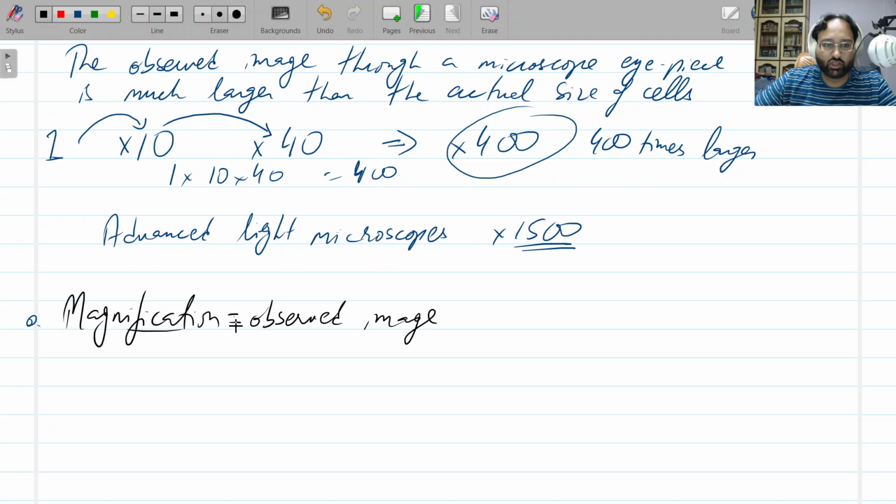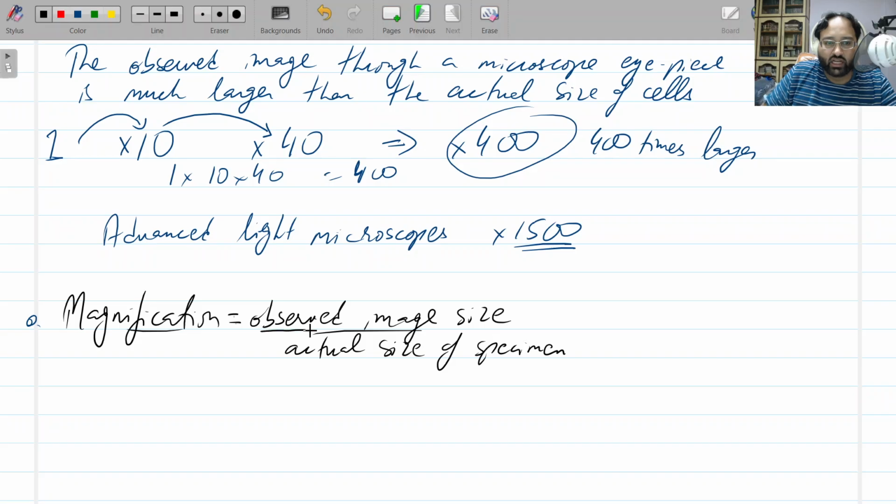So magnification equals observed image size divided by actual size of specimen. Let me make that line go all the way through.